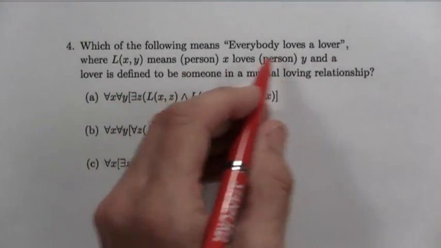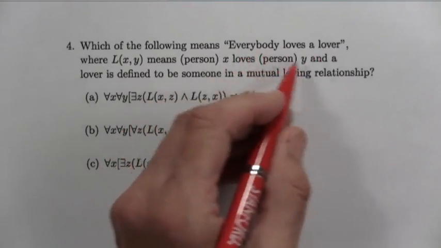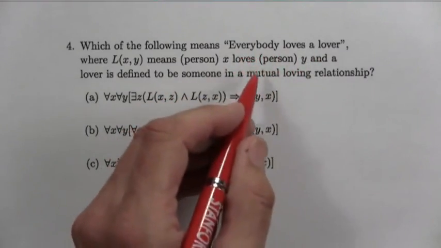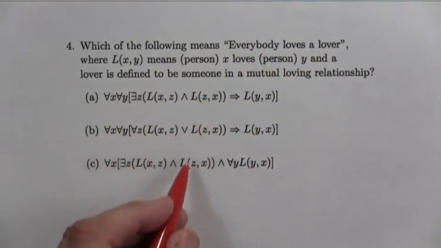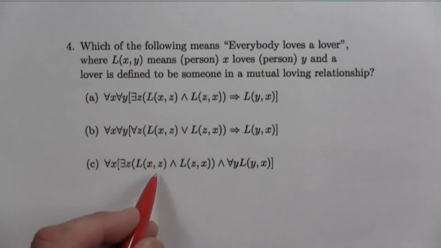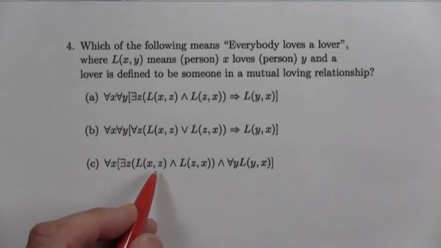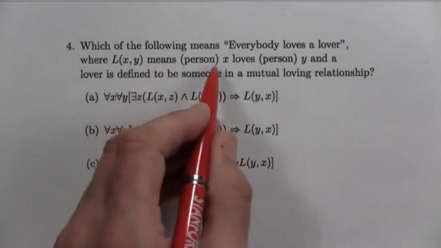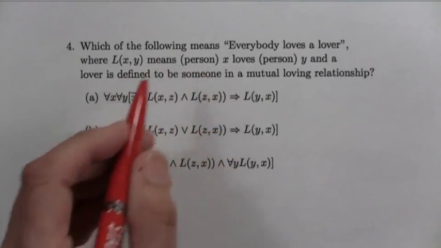The reason I like to give these kind of examples is because they capture an awful lot of social and cultural knowledge, and there's an interesting challenge in capturing that kind of thing in formalisms. But to help you along, I gave you 3 options that you should be able to sort out just on the basis of logic, if you know what being a lover means in this case.